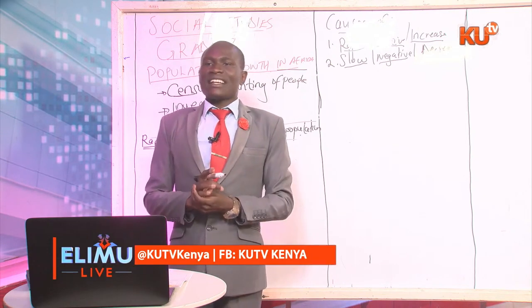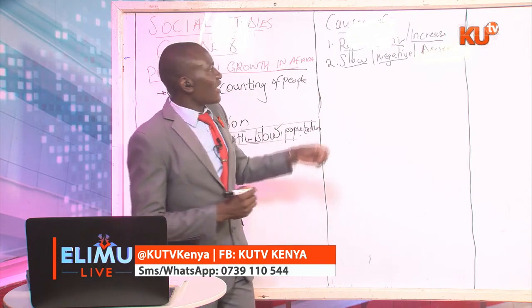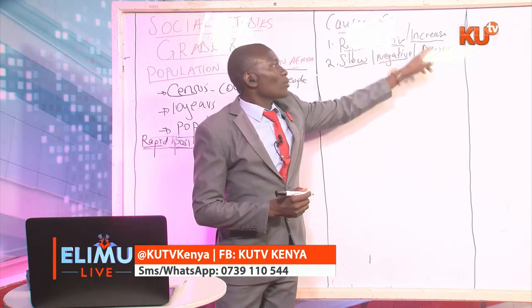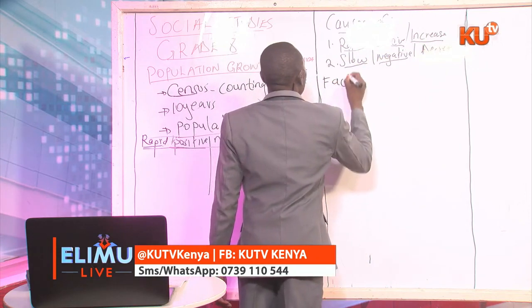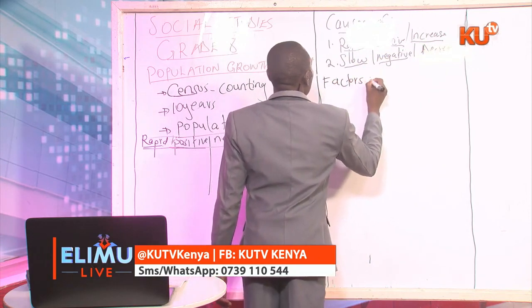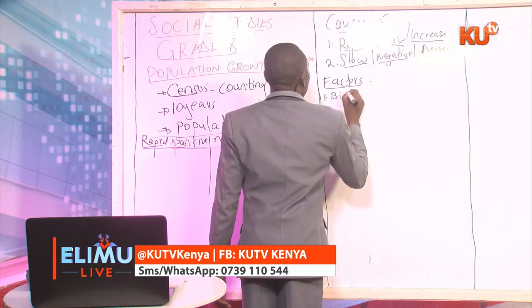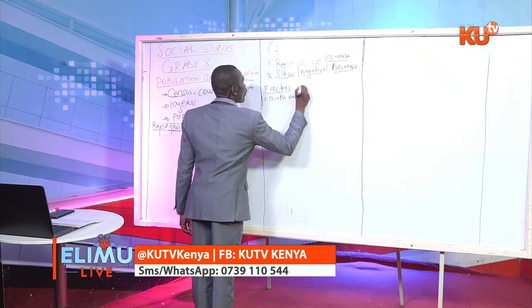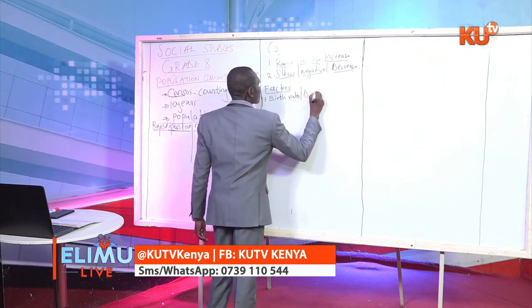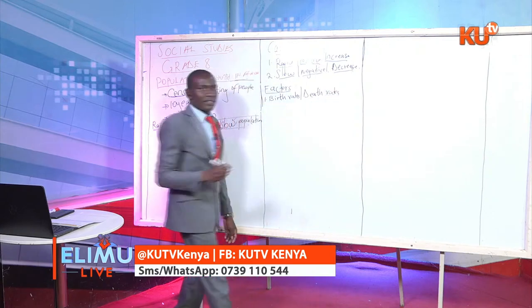So now we will be looking at the causes of population growth in Africa. Some of these factors that make the population of a place either increase or decrease are: one, demographic factors. We have birth rates or death rates.